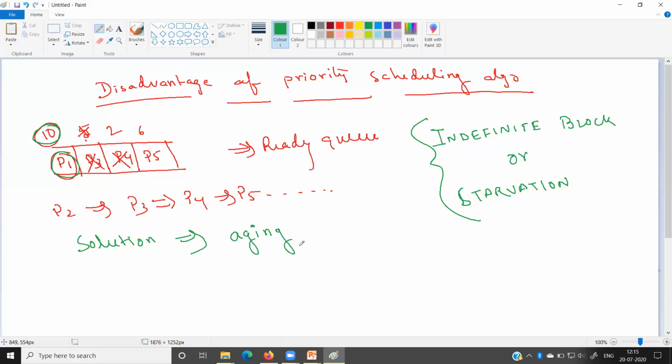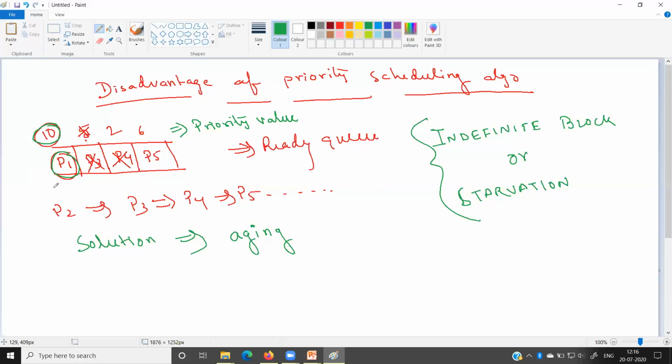Now, what is this solution? Along with the priority value, when a process is present inside the ready queue and is suffering from indefinite blocking or starvation, a counter value, or you can say a timestamp, will be assigned to the process.